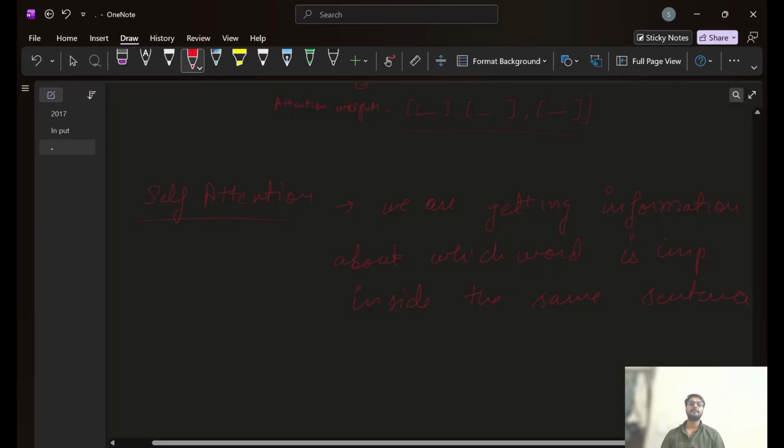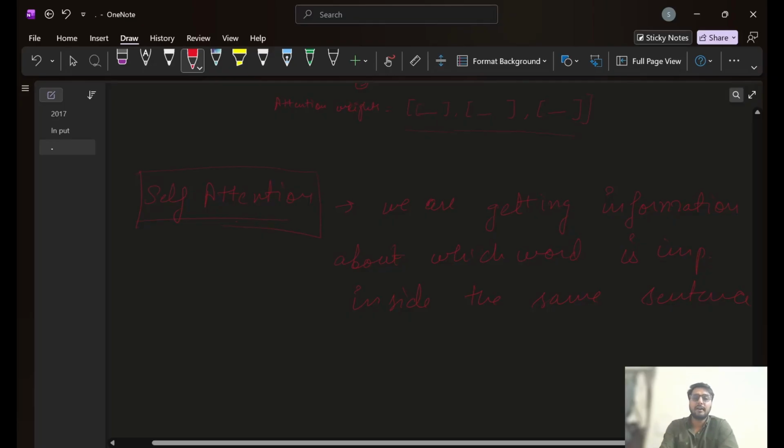That's why we said it is self attention, because every word is looking at other words, asking will it be important to me or not, inside the same sentence itself. Okay, so this is a very powerful thing, and this changed everything in the field of AI.